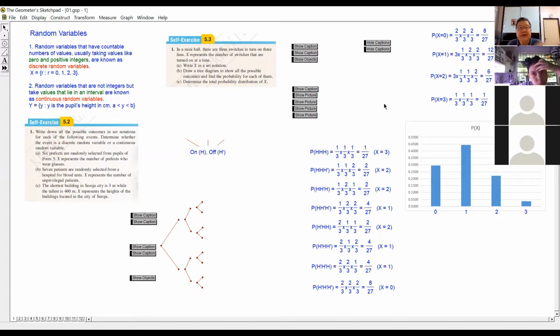Whole numbers means 0, 1, 2, 3, 4, 5. There is no 1.5. There are no negative numbers, no 1.5, no 2 and 1 quarter. They are whole numbers one by one, starting from 0.